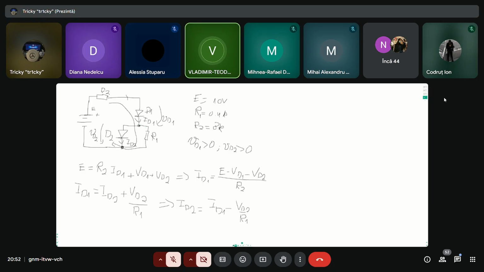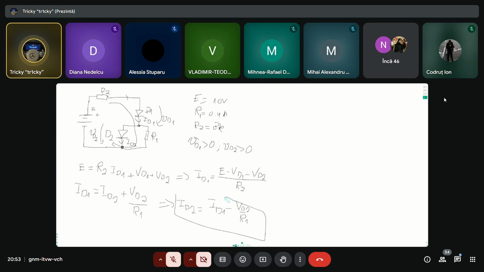So basically ID1, what enters, is equal to what exits, ID2 first, and then also there is a current going through R1 because there is a voltage on R1 and that voltage is VD2. So the current that goes through R1 is VD2 over R1. That's it. I hope everyone understood this.